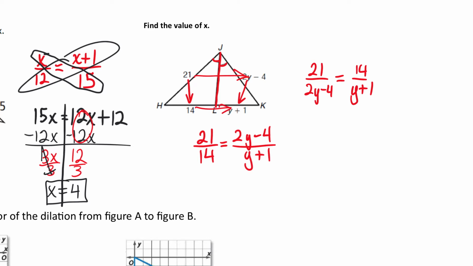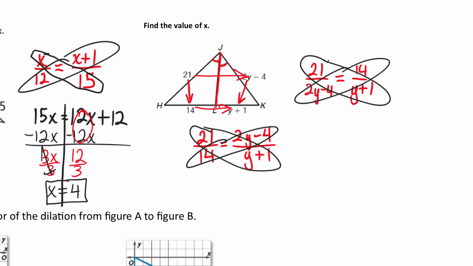Either way is good, because if you'll notice on either way, you're still multiplying 14 times 2y minus 4. Same thing there. And 21 times y plus 1. Since it's proportional, there's a lot of ways to set it up and it'll still be good. Oh, it's the same thing though. Yes. It's going to give you this exact same thing.